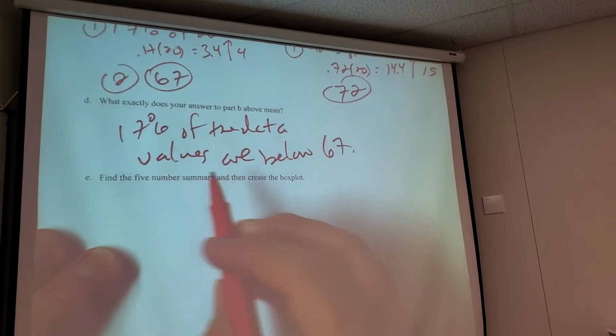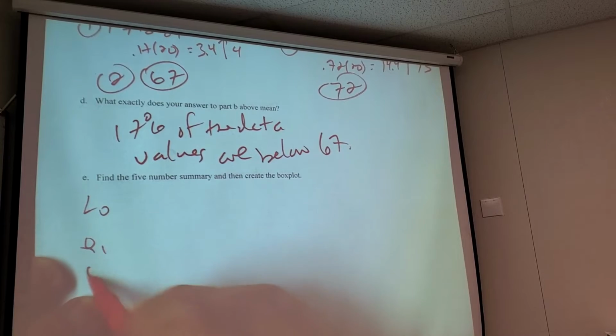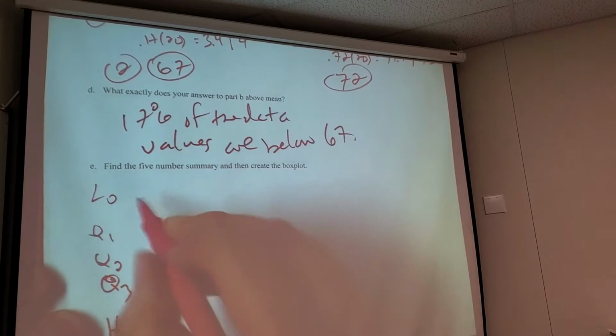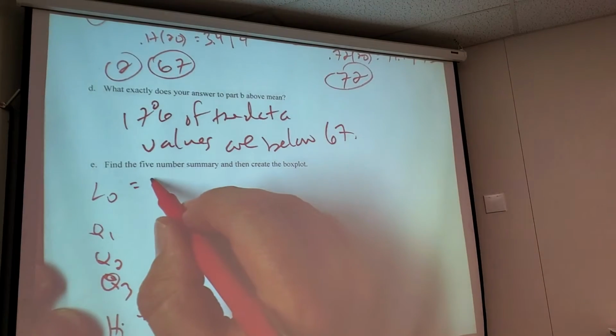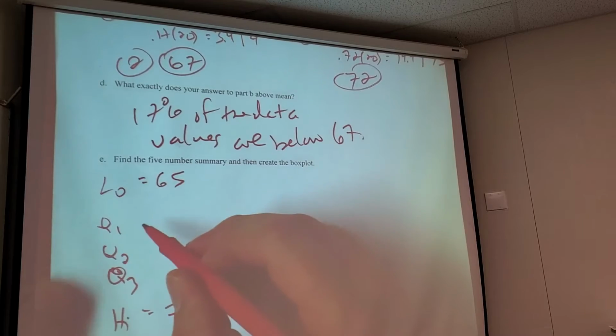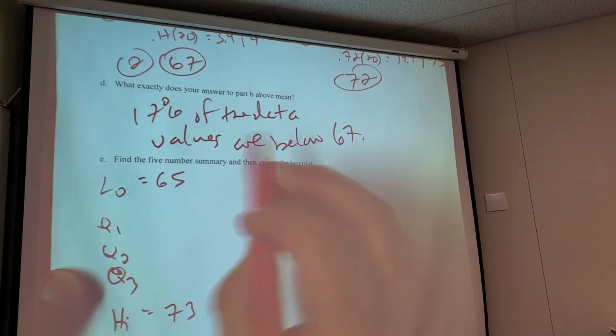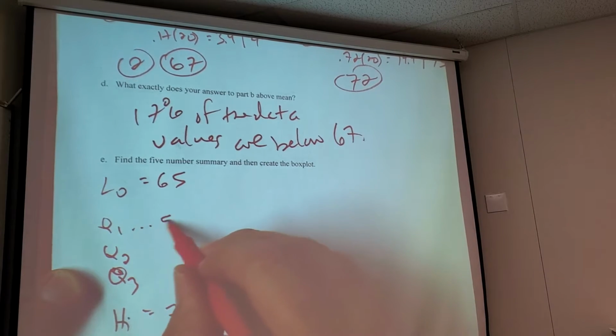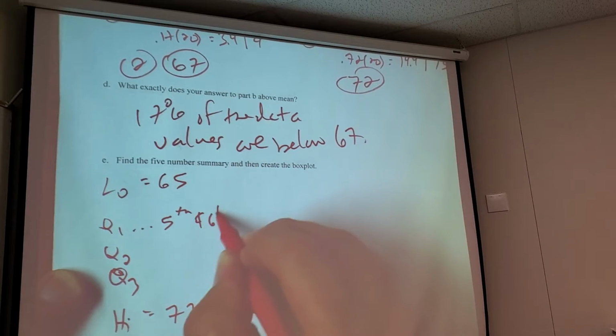The 5-number summary is always low, Q1, Q2, Q3, and high. So the lowest and the highest we've known for a while. So Q1 is going to be 25%, so 1/4 of 20 is 5. So you have to average the 5th and 6th, and I think they were both the same number, right?